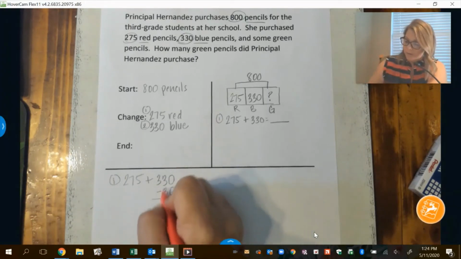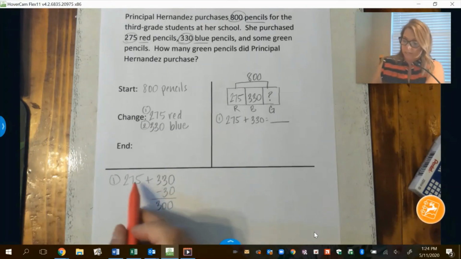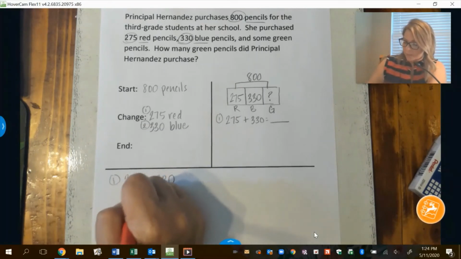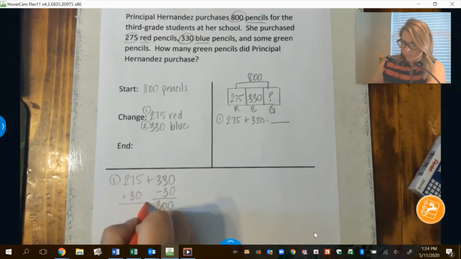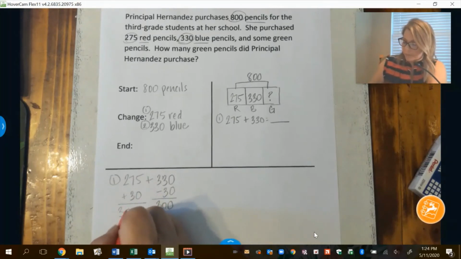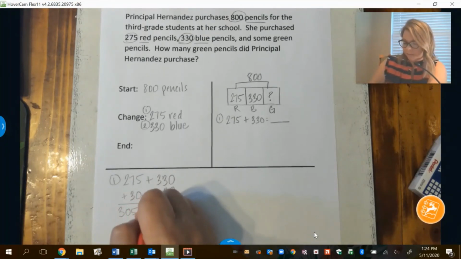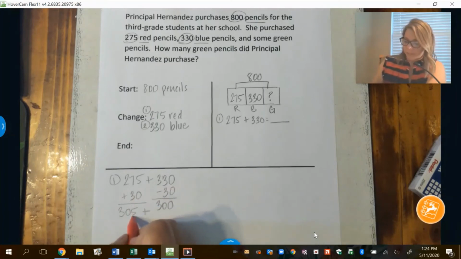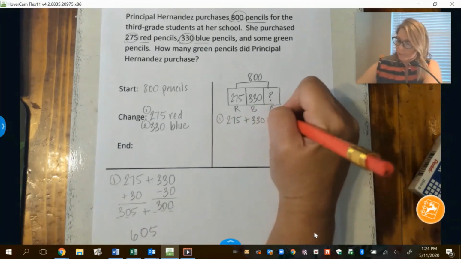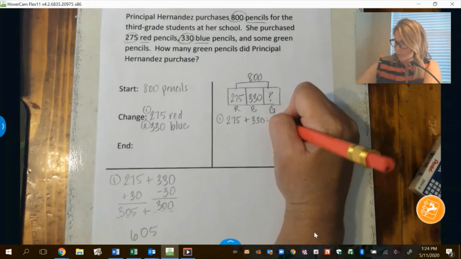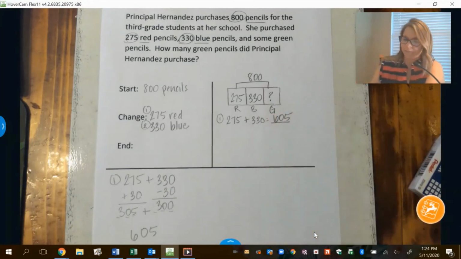So now I have 300 here, and because I took 30 here, I need to add in 30 over here, which now gives me 305. So let's add these two together. 5 plus 0 is 5, 0 plus 0 is 0, and 3 plus 3 is 6. So for our first step, red and blue pencils, the total is 605.